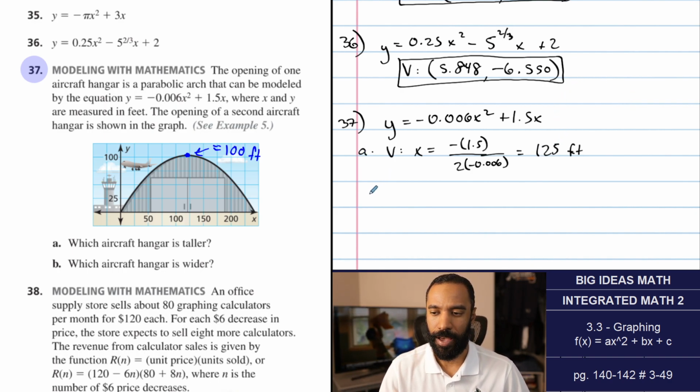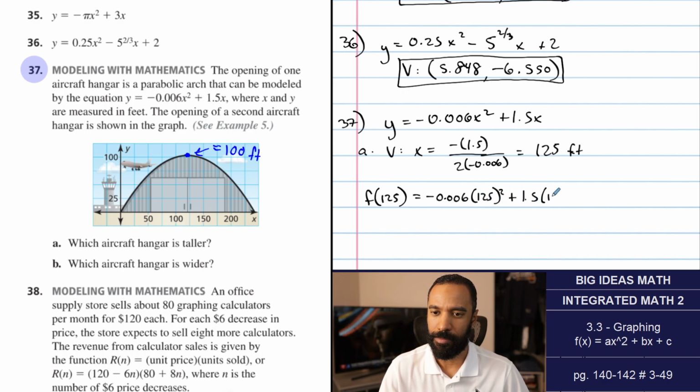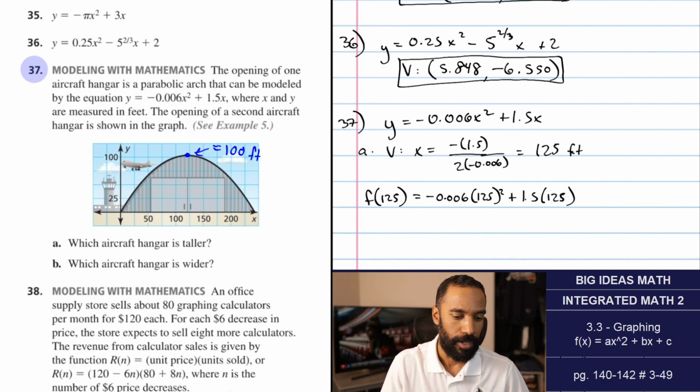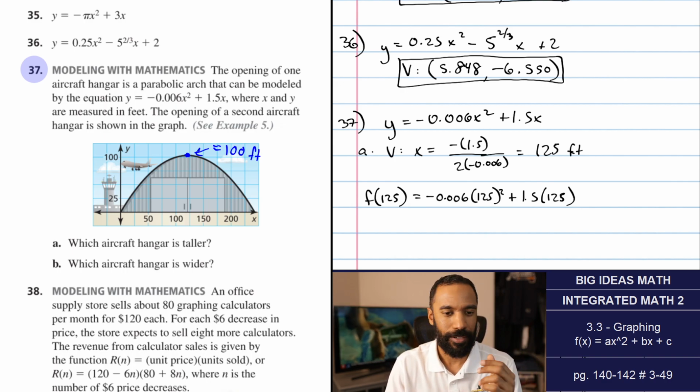But part A, we need to find now basically f of 125, which is going to be negative 0.006 times 125 squared plus 1.5 times 125. I have no idea if this is going to be taller or shorter. So let me plug that in. Give me 1 second. Negative 0.006 times 125 squared plus 1.5 times 125. You guys try it too at home, right?